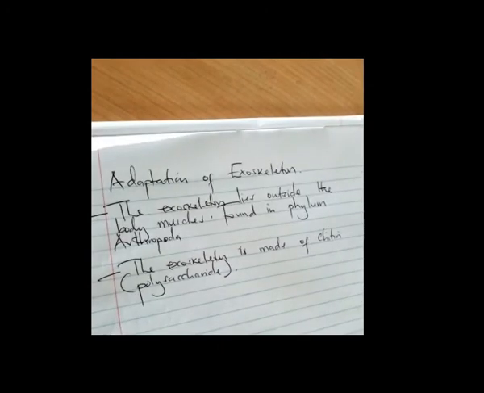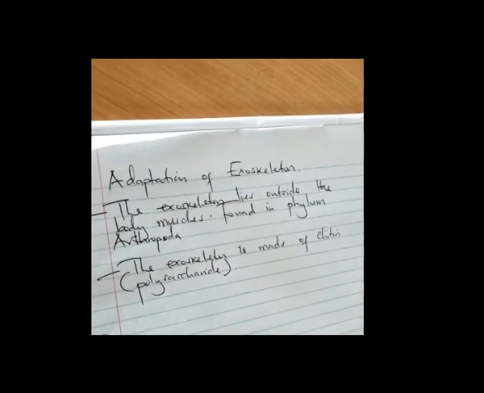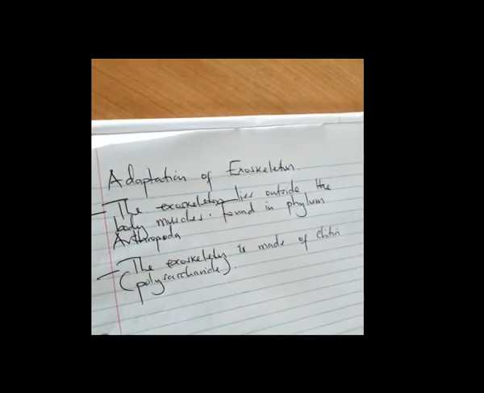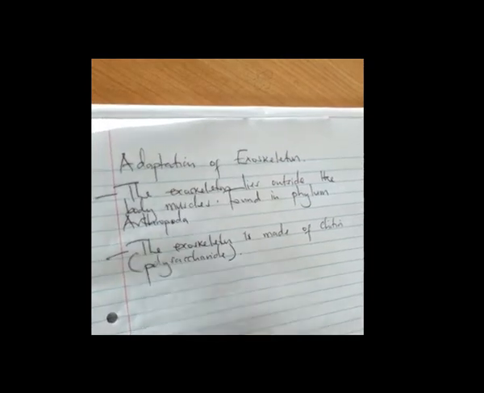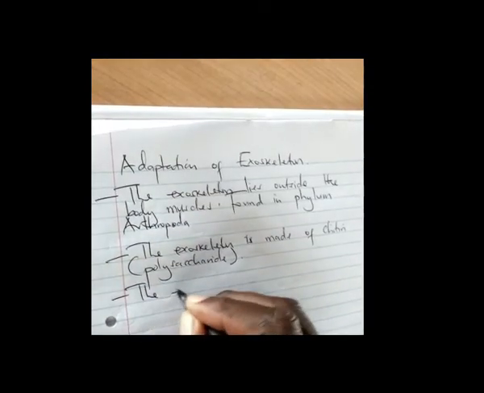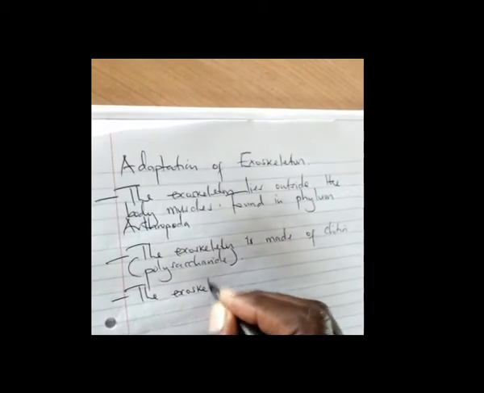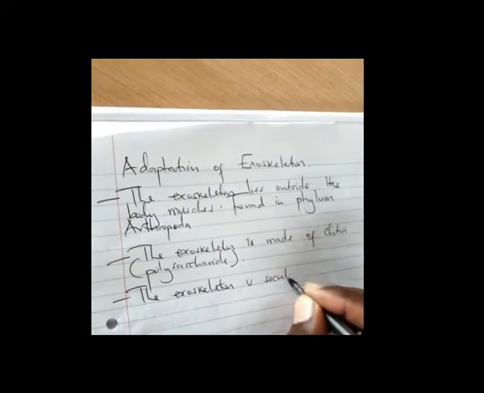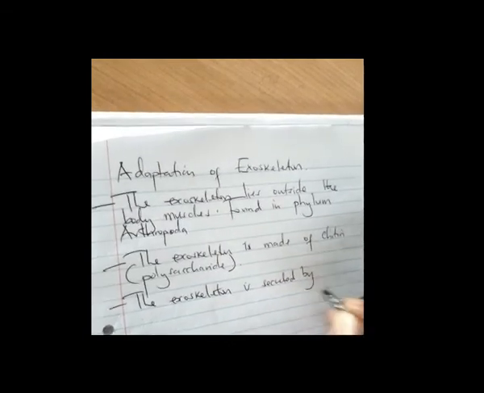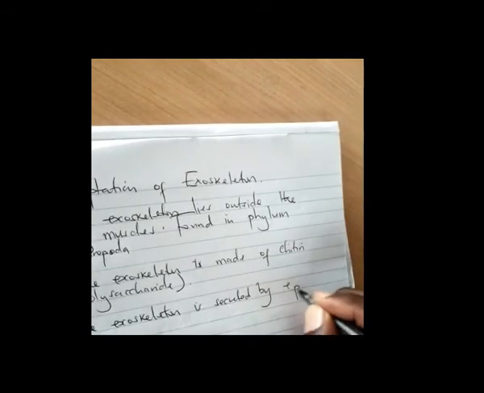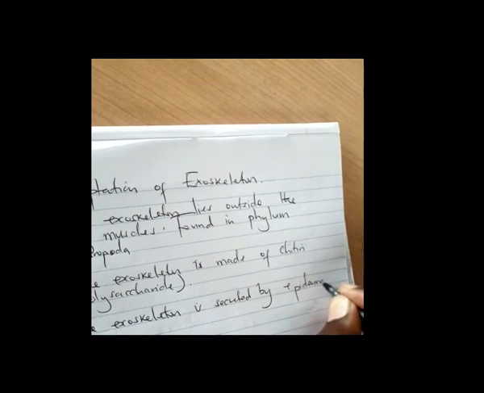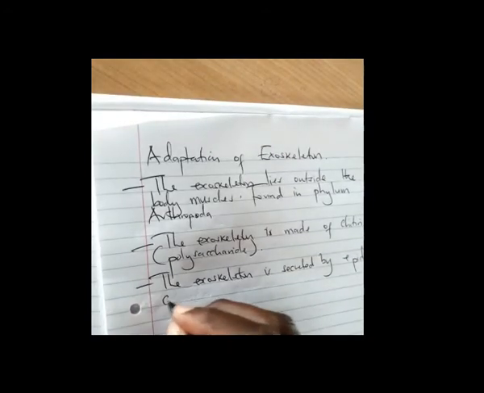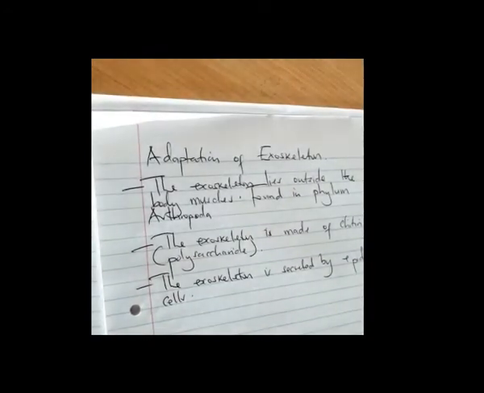Now, chitin normally is not evenly distributed, and this allows flexibility at the joints to facilitate movement. The exoskeleton is secreted by epidermal cells.